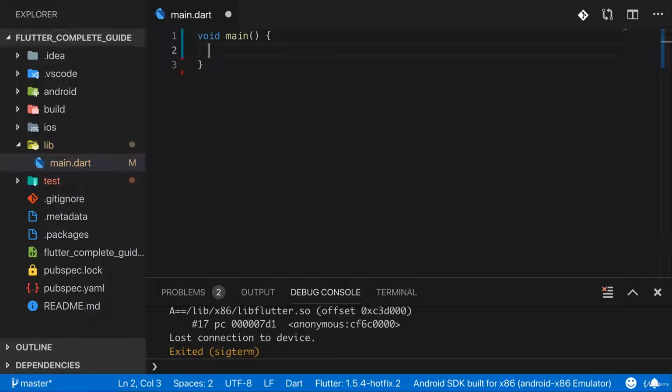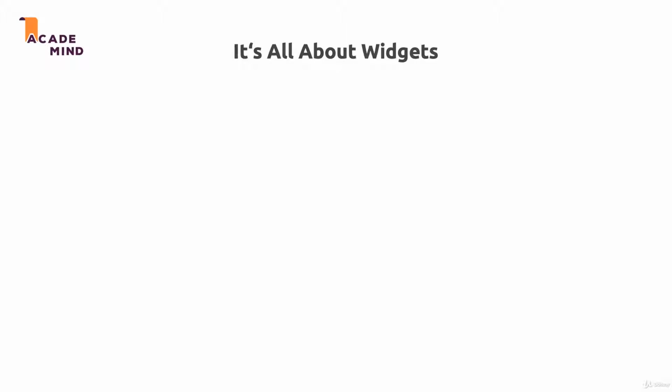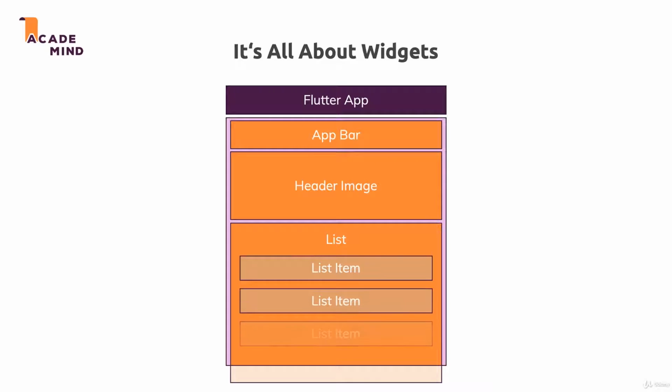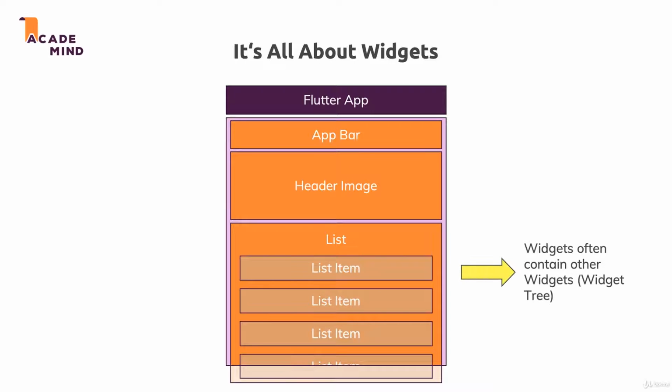For that, it's important to understand that on the screen, we basically see a bunch of widgets. Flutter is about widgets. It's so important to understand this. Every Flutter app you're building is just a bunch of widgets, and widgets are the UI building blocks you see on the screen. Things like the app bar, maybe some image, maybe a list with list items. And as you can see here, for example, widgets also often contain other widgets, like that list which has list items.